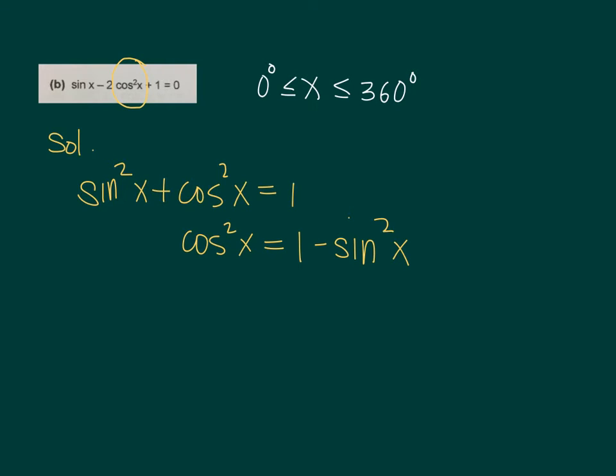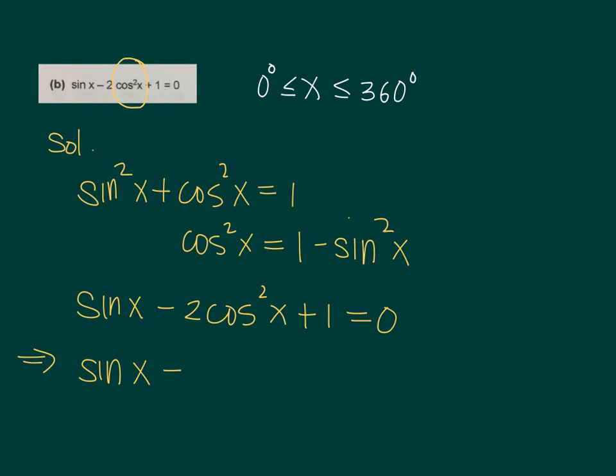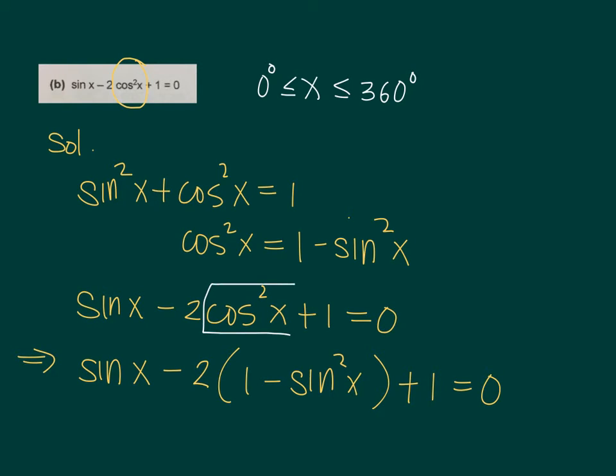That's why sine x minus 2 cosine squared x plus 1 equals 0 is equivalent to sine x minus 2, and the cosine squared x is replaced by 1 minus sine squared x, and then you have the plus 1 equals 0. Notice how I changed the cosine squared x into 1 minus sine squared x.